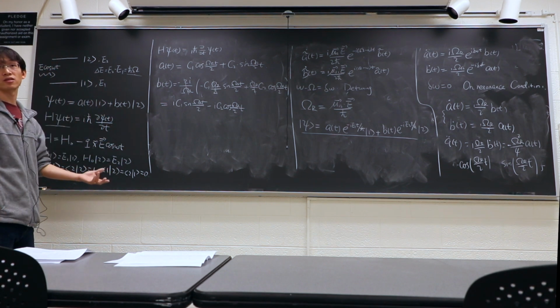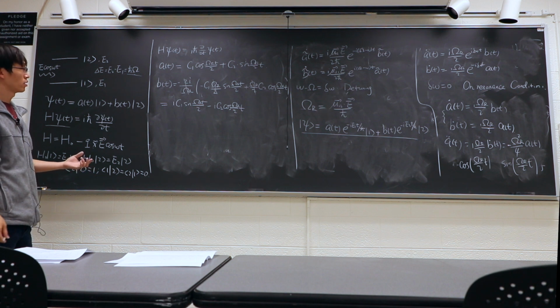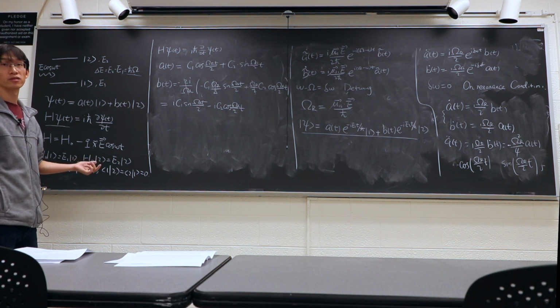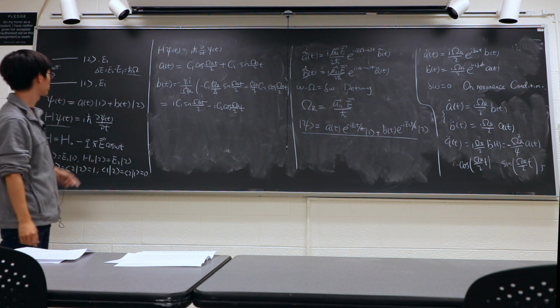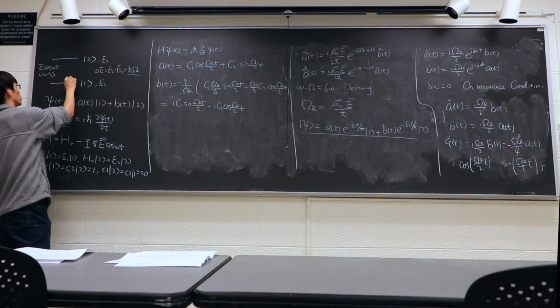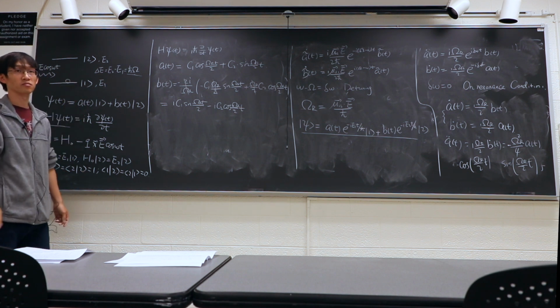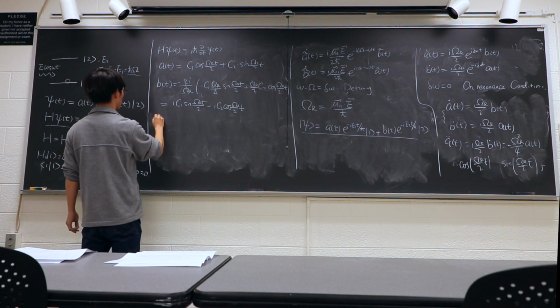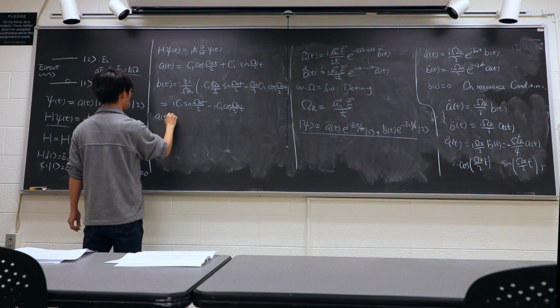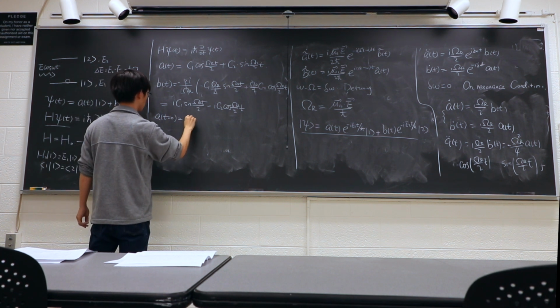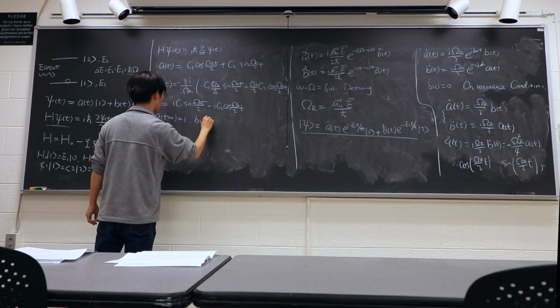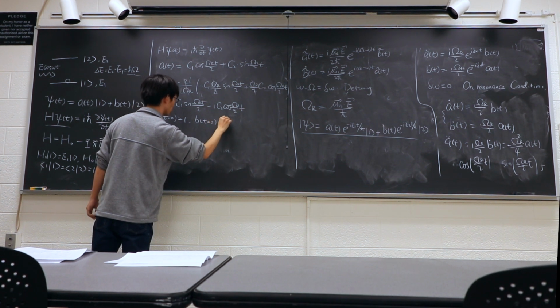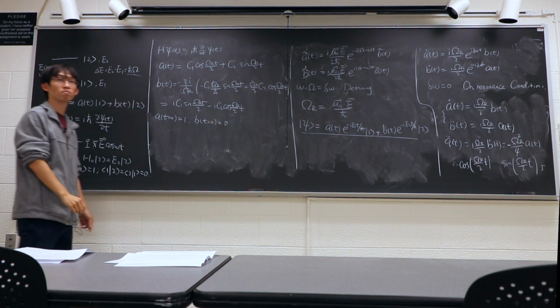The only thing we need now is the initial condition, right? Initially, let's say the atom is in the ground state, so it's easier that way. Ground state, then you have A(t) equals 1, B equals 0.